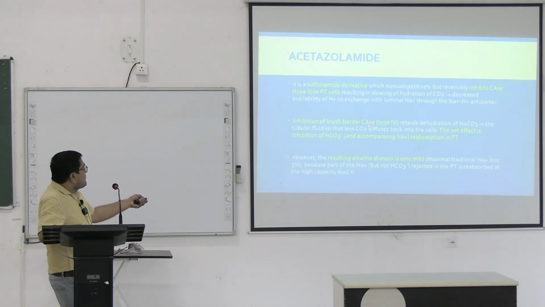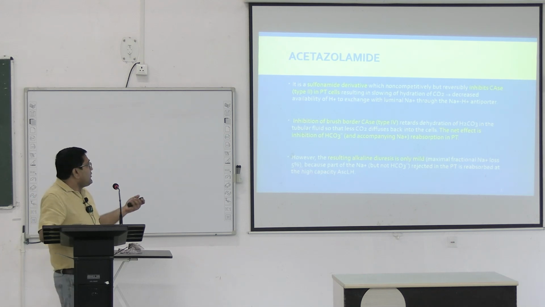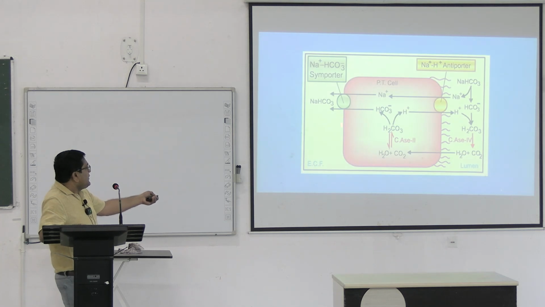So inhibition of brush border carbonic anhydrase retards dehydration of carbonic acid in the tubular fluid, so that less carbon dioxide is available to diffuse into the cell. The net effect is, what will happen? The net effect is decrease in bicarbonate absorption.